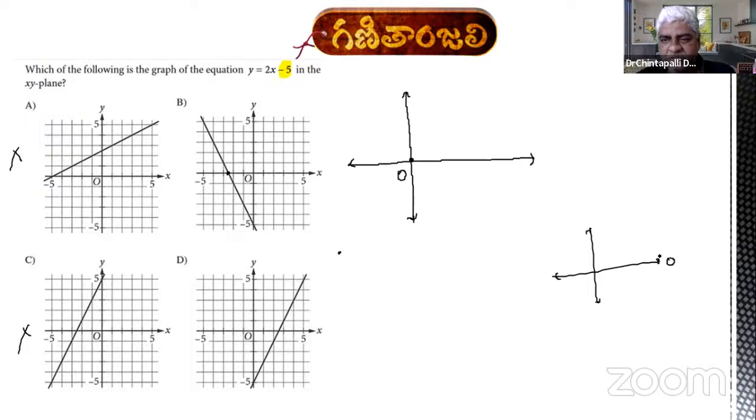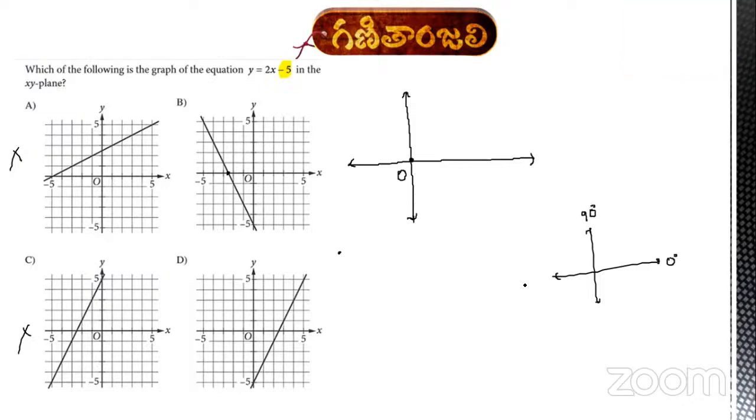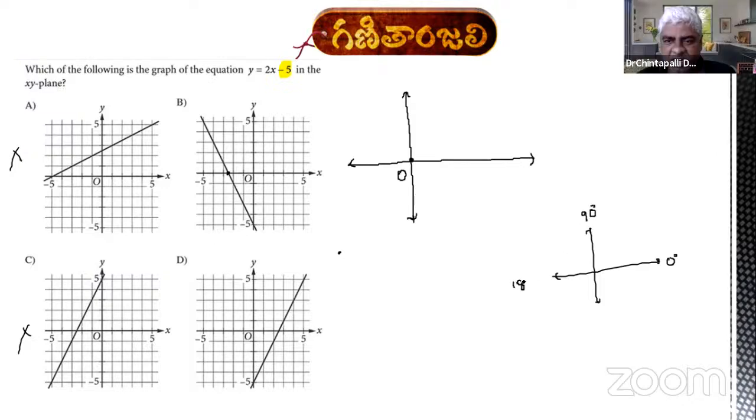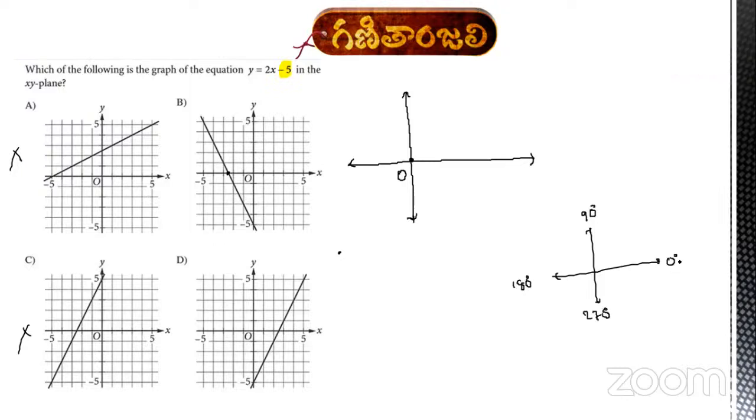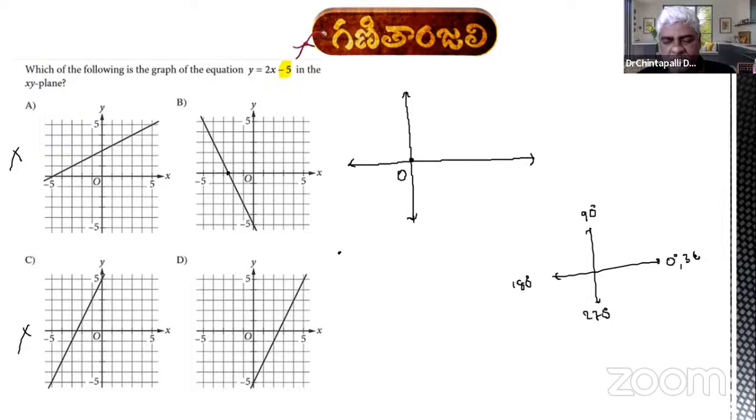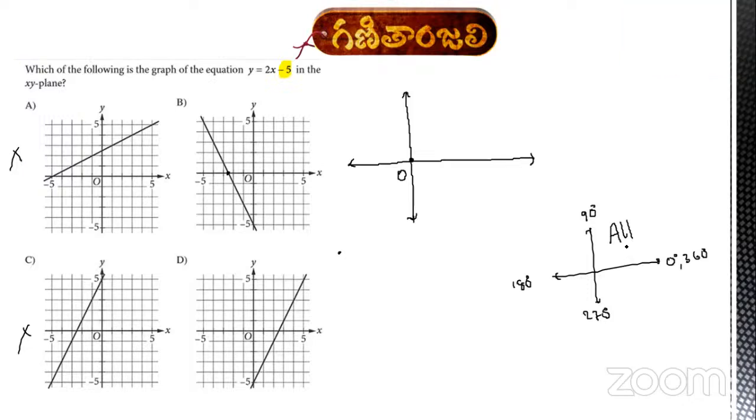First quadrant means 0 degrees to 90 degrees. Second quadrant means 90 degrees to 180 degrees. Third quadrant means 180 degrees to 270 degrees. Fourth quadrant means 270 degrees to 360 degrees.